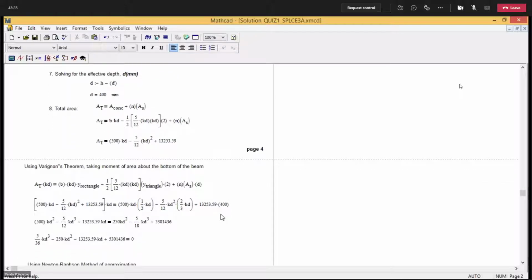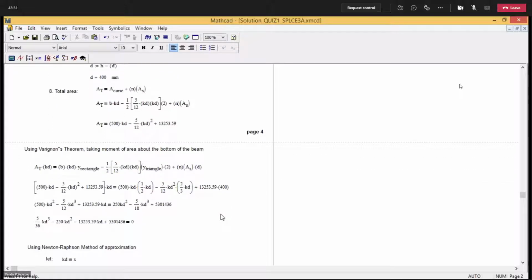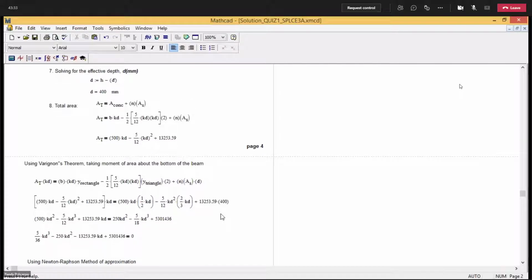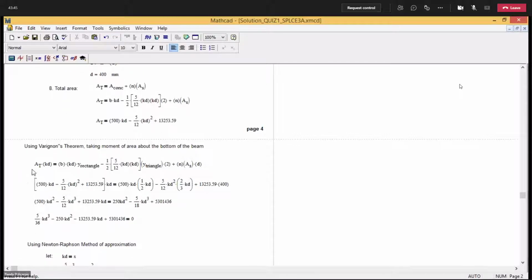Okay? Now, the determination of the location, no? Location of the neutral axis. We're going to take a moment of the area about the bottom of the beam. Okay, so area total multiplied by KD, multiplied by the area of the rectangle, multiplied by the location or the distance of the centroid of the rectangle, designated as Y rectangle, no?